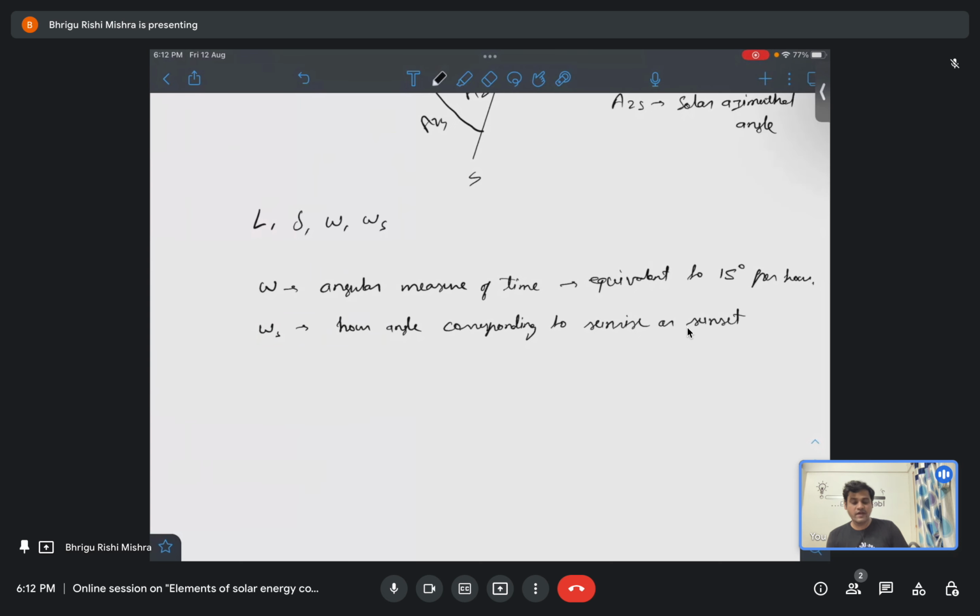So this omega s is measured with respect to the sunrise or sunset. At sunrise you can say it is 0, starts from 0, then goes to 90, then again 90 to 0, or 90 to minus 90 I can say. I can check it, just a minute.